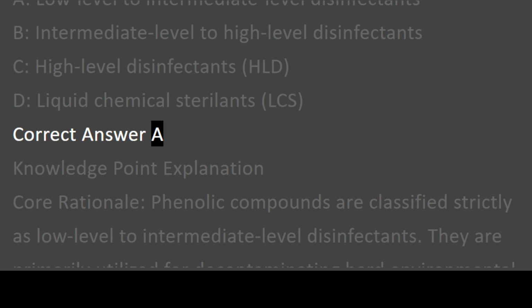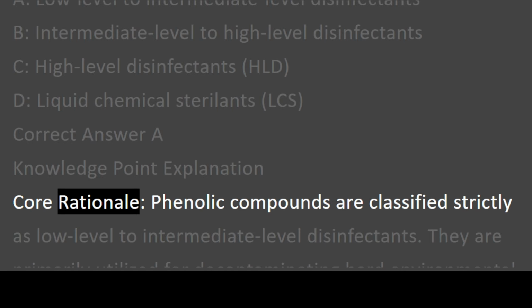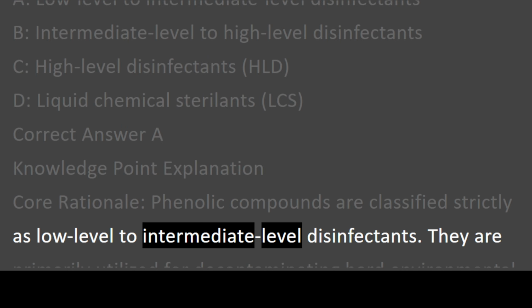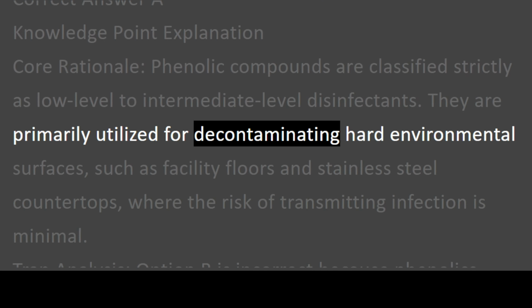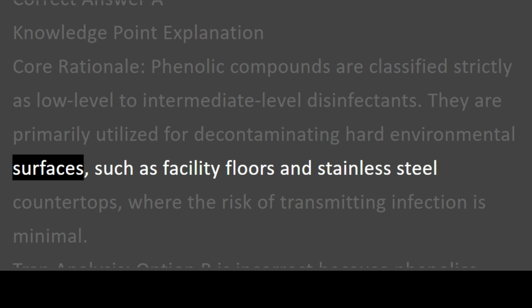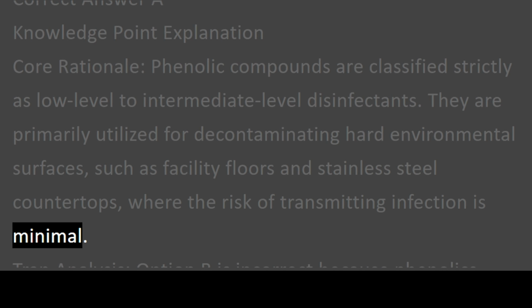Correct answer A. Knowledge point explanation. Core rationale. Phenolic compounds are classified strictly as low-level to intermediate-level disinfectants. They are primarily utilized for decontaminating hard environmental surfaces, such as facility floors and stainless steel countertops, where the risk of transmitting infection is minimal.